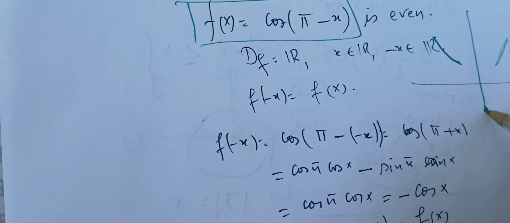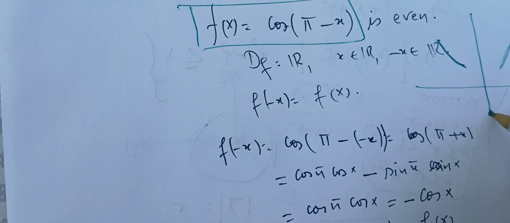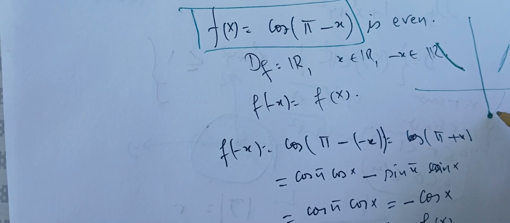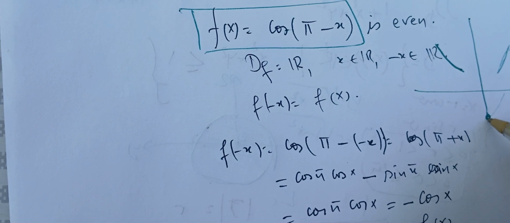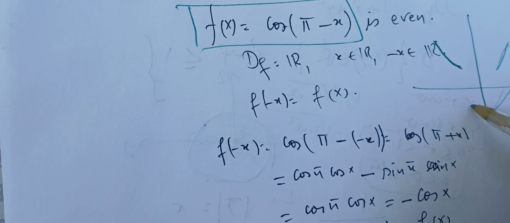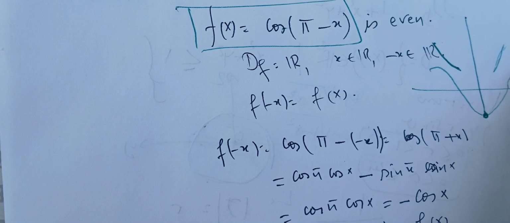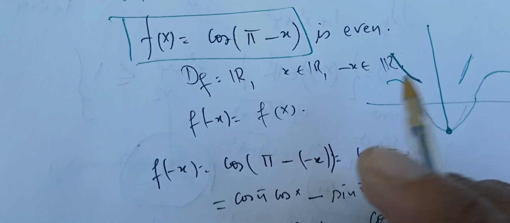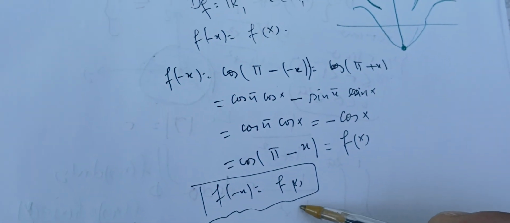In fact, it's going to be shifted here, and we're going to see that our function will be something like this. And this proves that this function is even, and this is the algebra proof.